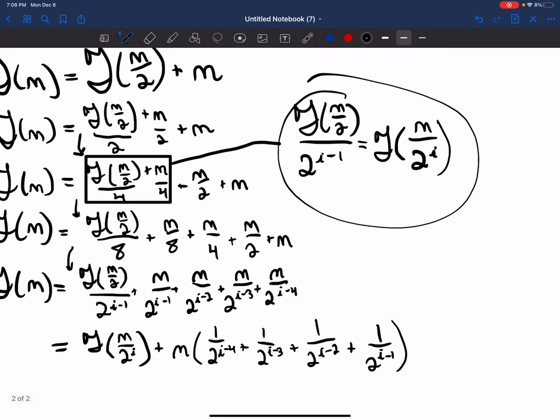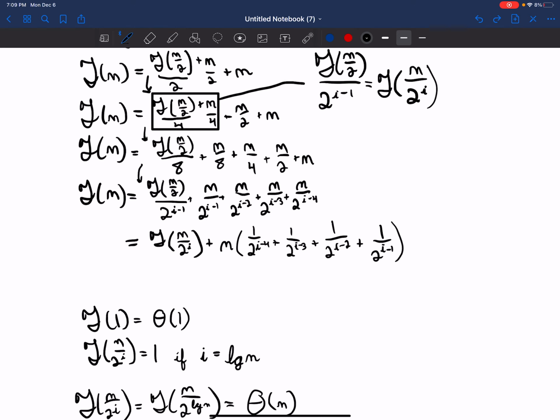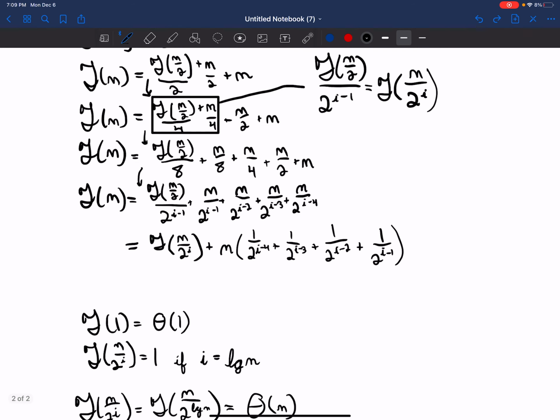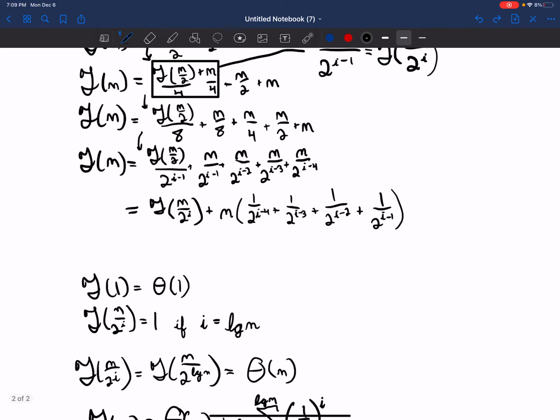T of n over 2 divided by 2 to the i minus 1 is equal to T of n divided by 2 to the power of i. And that's nice because we can plug that in right here into the formula and then just pull out the n from this entire portion. So the n times the whatever infinite part, and we have T of n over 2 to the i here.